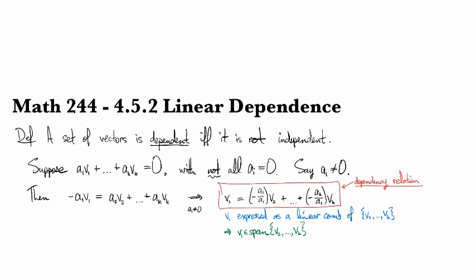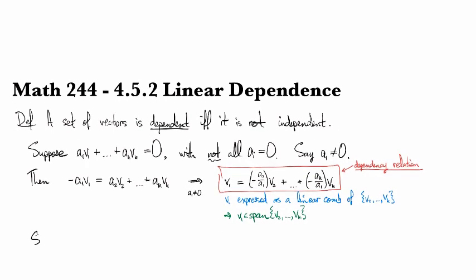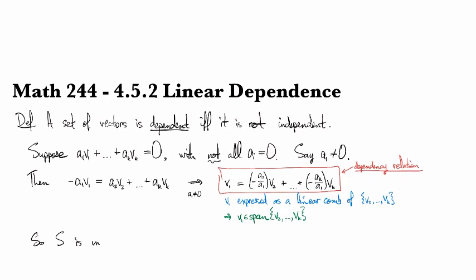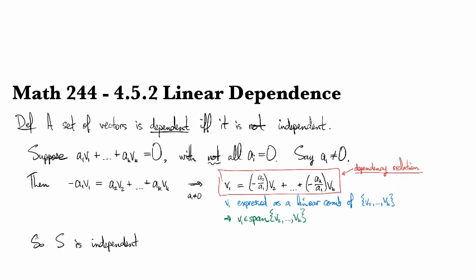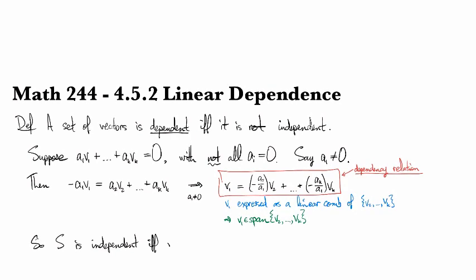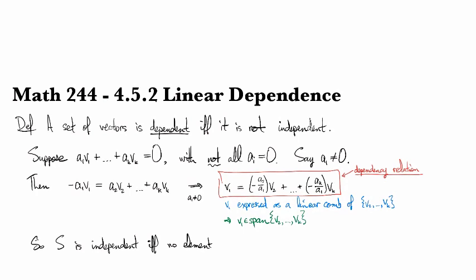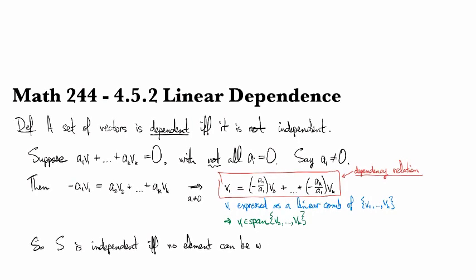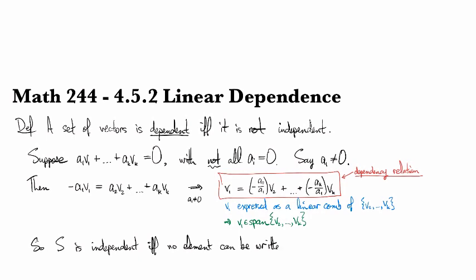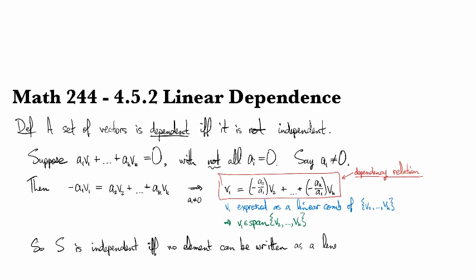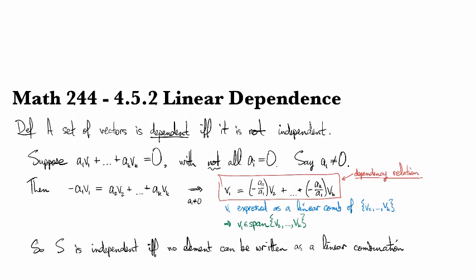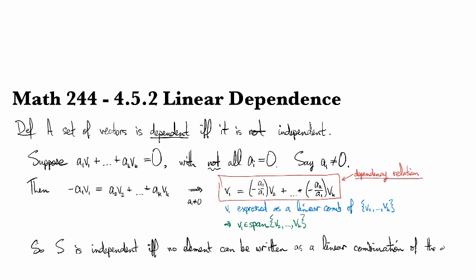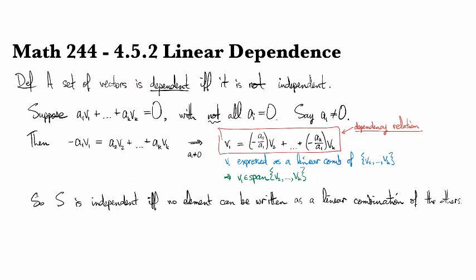All right, so a set is independent if and only if no element can be written as a linear combination of the others.